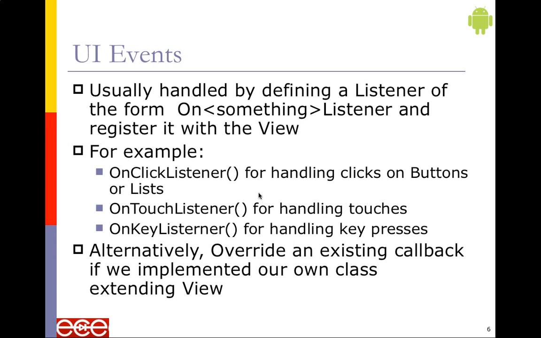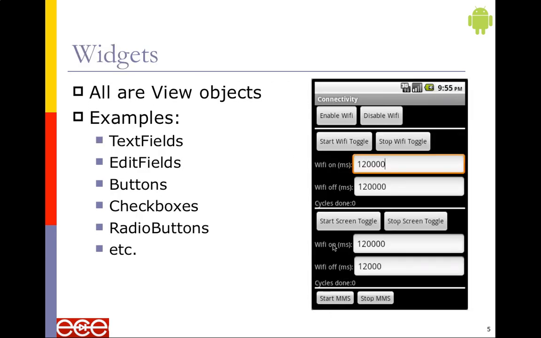But knowing the concept of a UI event is important, and the event listener. So usually it's handled by defining a listener for the form on something. Listen for this, registers it with the view. And each one of the items in this particular list has its own listener.